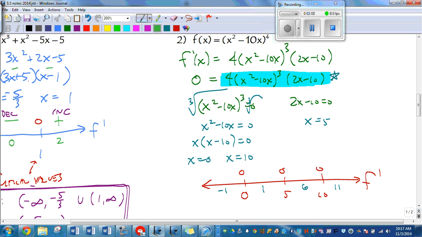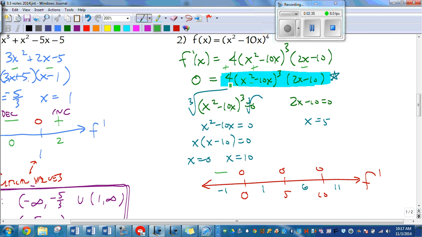So for our first part here, if we put -1 in, we know the 4 part is always going to be positive. Right here, -1 squared is 1, minus 10 times -1 is 1 plus 10, so that's going to be positive. And then 2 times -1 minus 10 gives us a negative number. So a positive times a negative gives us a negative.